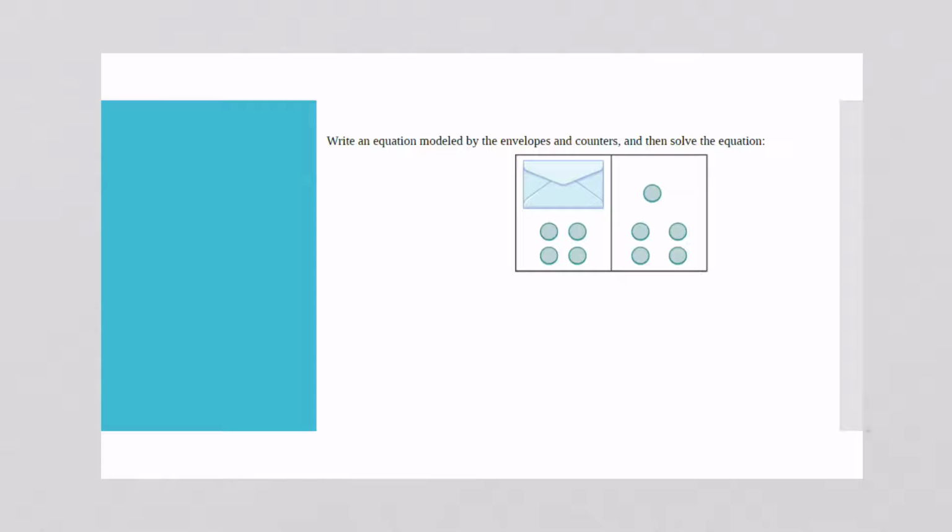Okay, for this problem right here, this is just another way to model equations. What they're trying to show you here is that the envelope means we don't know what's inside of it. The way you would model the left side with an equation is you would say, I'm going to call this x. x plus 4. This line right here stands for equals.